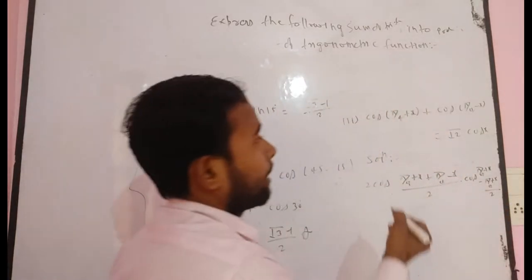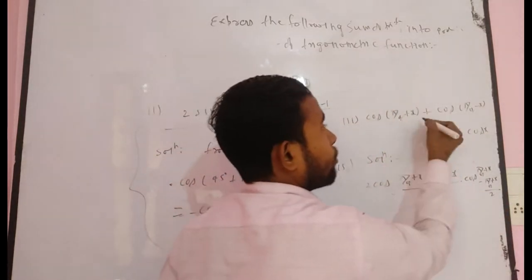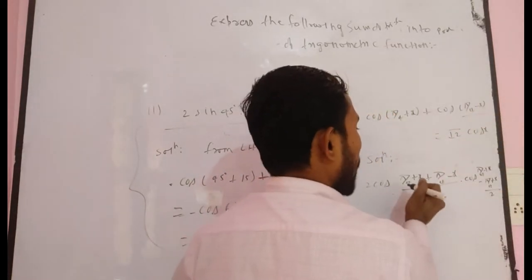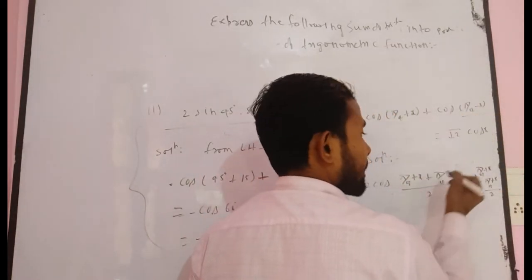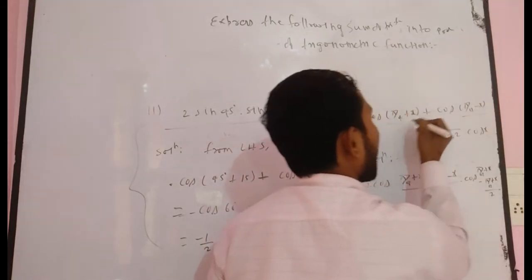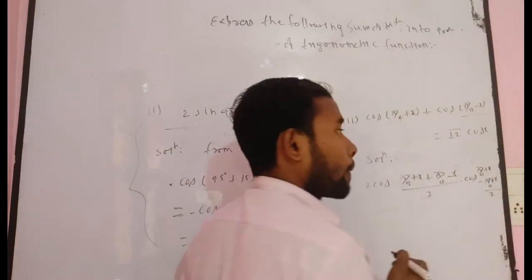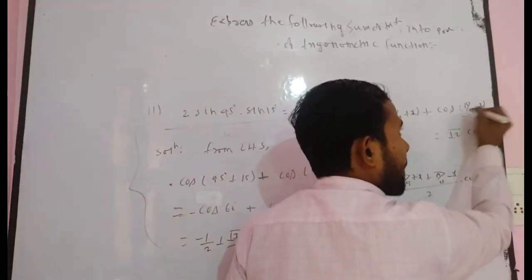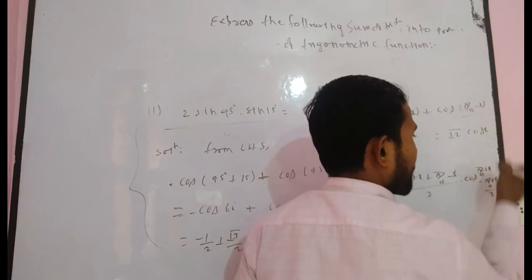Here C is equal to pi by 4 plus x and D is equal to pi by 4 minus x. So you can write 2 times cos (C plus D) by 2 into cos (C minus D) by 2. Here C is pi by 4 plus x, minus D, that means the whole expression gets a minus sign, so it will be minus pi by 4 plus x by 2.